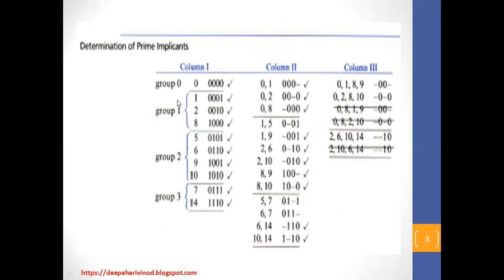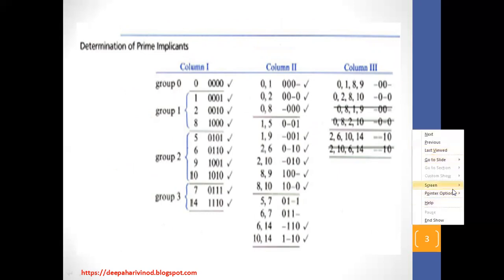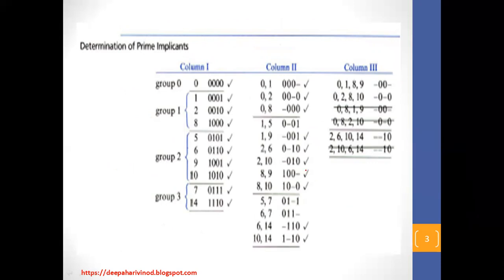First write down the groups again, the same as repeated here, then the minterms in decimal, then the binary combination. Then start comparing group 0 with the next group. 0 and 1 differ in only one bit, so the last bit is marked as a dash.